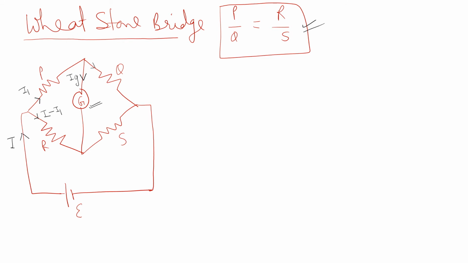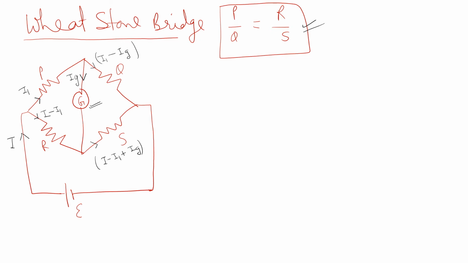So the current in Q will be I1 minus Ig, and the current here will be I minus I1 plus Ig. So this is what I have obtained by using division of the current.